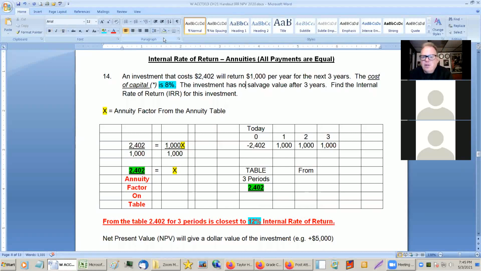As long as the internal rate of return is higher than the cost of capital, the borrowing rate, basically, you want to do it. If it was less than 8%, if it was 5% or whatever, you would not want to do it.